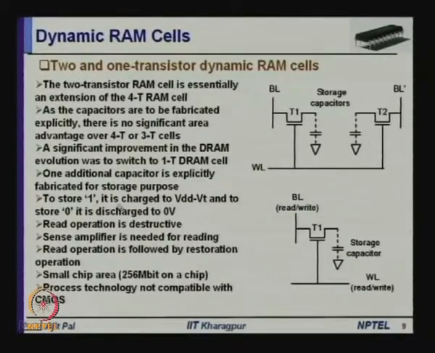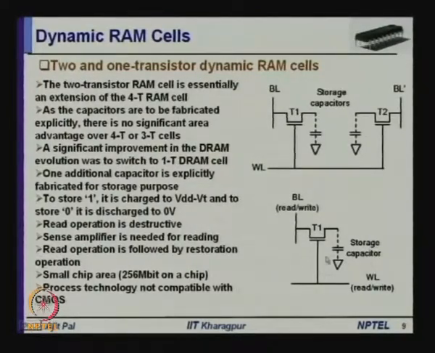Now, to store 1, it is charged to VDD by VT. To store 0, it is discharged to 0 volt. So, the writing operation is not very different from the 3 transistor dynamic RAM cell. However, reading is quite different. Whenever you do the reading, this charge will be transferred directly to the bit line.